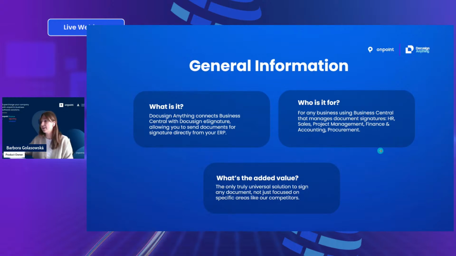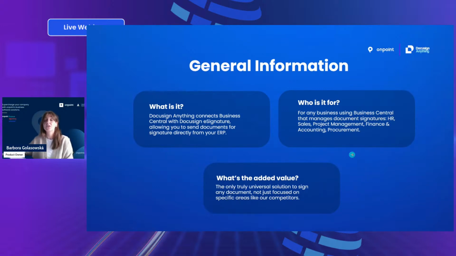And finally, what's the added value? We're proud to say that Docusign Anything is the only truly universal solution on the market. While most of our competitors focus only on limited areas of the system, most commonly it's sales, and extending their functionality to other pages would require a custom implementation.